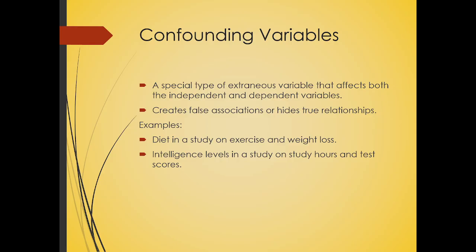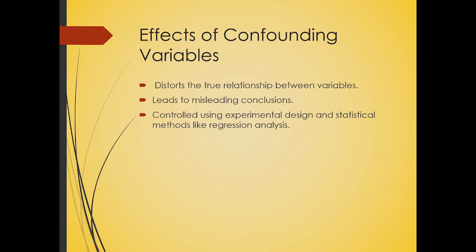So you can say that diet is affecting both exercise and weight loss, as the case may be. Those are confounding variables. They will cause a change in both your dependent variable and your independent variable, and you will see that it will affect your results. Now, what are the effects of confounding variables?